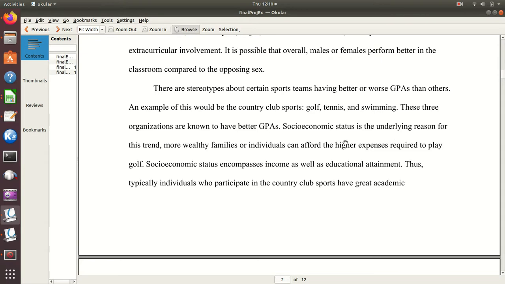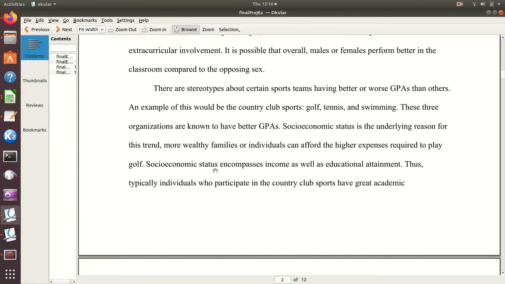Socioeconomic status is the underlying reason for this trend. Oh, now see, they're saying they've got a reason. That needs a reference. How do you know that? They need a reference to talk about these things with socioeconomic status and the different sports.